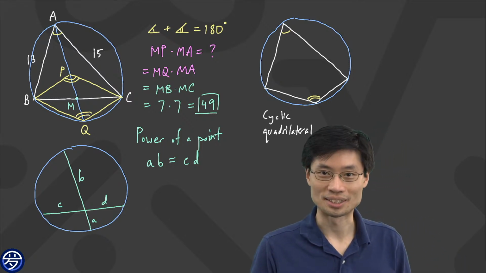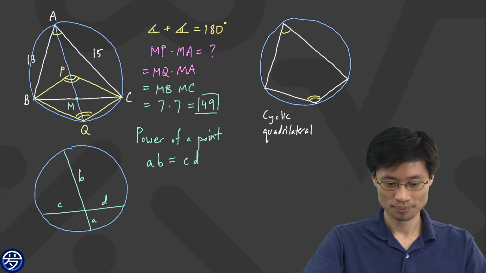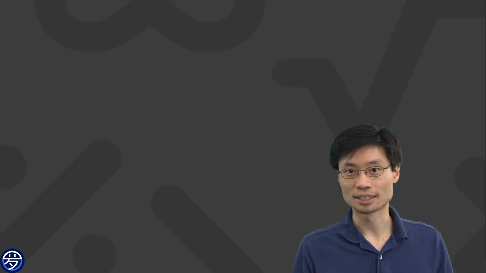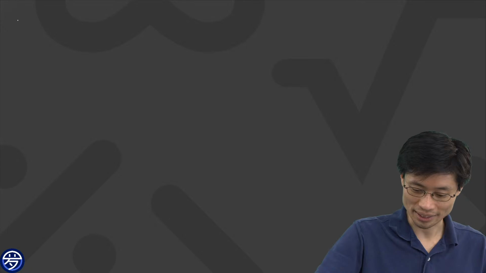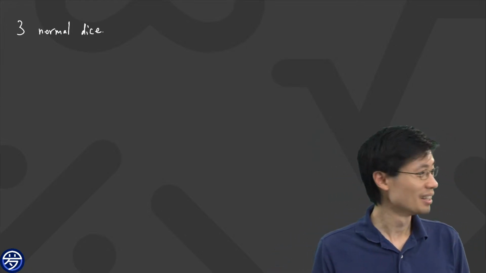It's a probability question. I wonder what the answer is. So this is by Andrew Chow. Andrew Chow says there are 3 dice. They're normal dice. 3 normal dice. That sort of rhymes with 3 blind mice, but that's totally different story. But 3 normal dice.